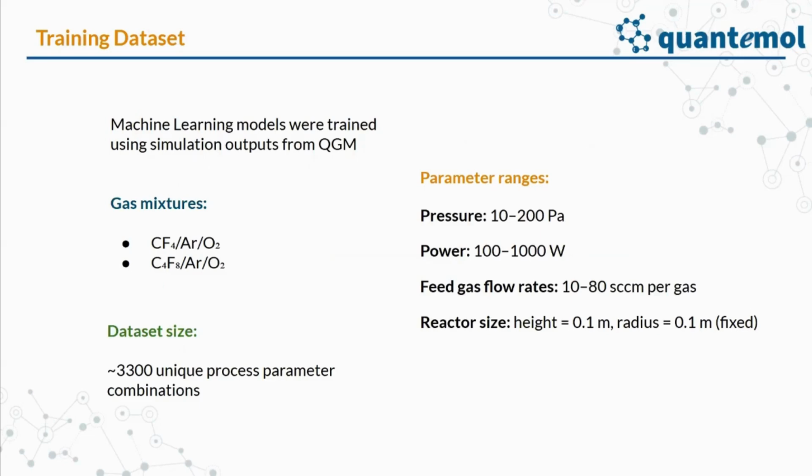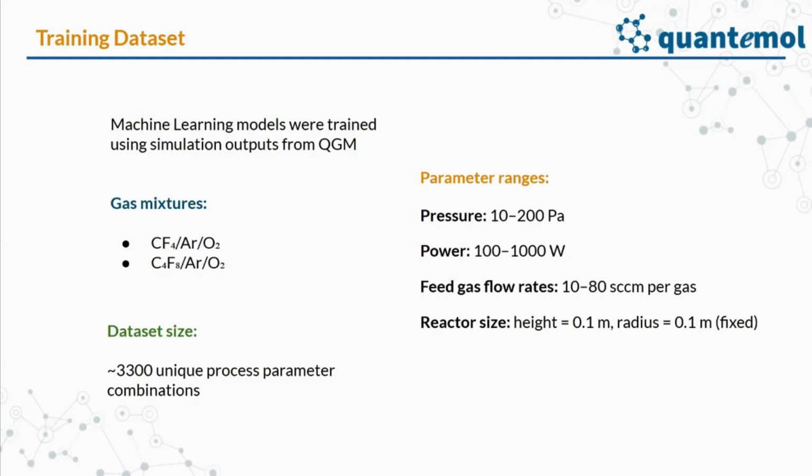So we chose two gas mixtures, one CF4 plus argon plus oxygen, and another one C4F8 plus argon plus oxygen. This choice of fluorocarbons covers the opposite ends of the spectrum in terms of carbon-fluorine content. We ran the global model for about 3,300 unique process parameter combinations.